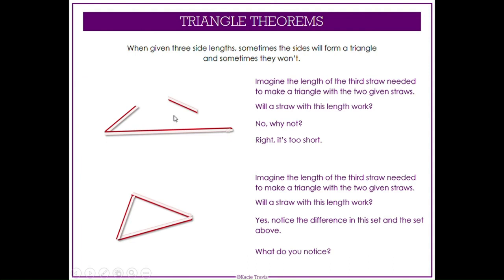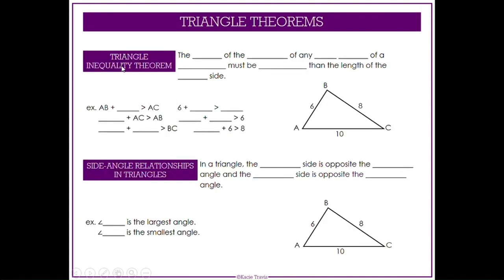So, how is this going to work into our theorems? Let's talk about the triangle inequality theorem. The triangle inequality theorem says the sum of the lengths of any two sides of a triangle must be greater than the length of the third side.